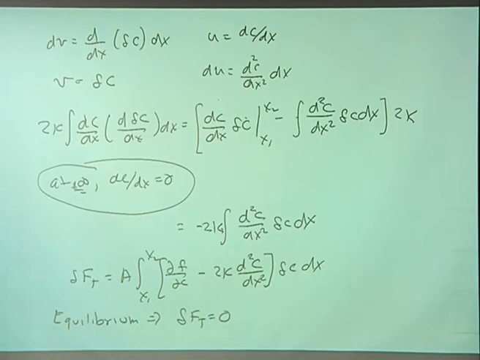Okay, so you set the term in the brackets equal to 0, and that means that at equilibrium, 0 is equal to the partial of f with respect to c minus 2k d2c/dx squared. This term is sometimes called the Euler-Lagrange equation.